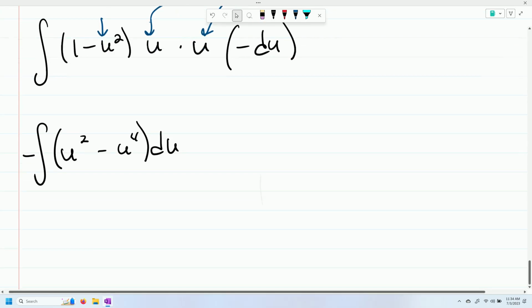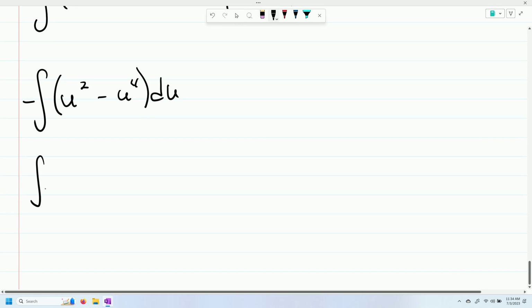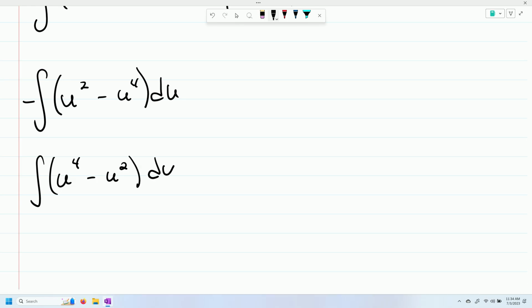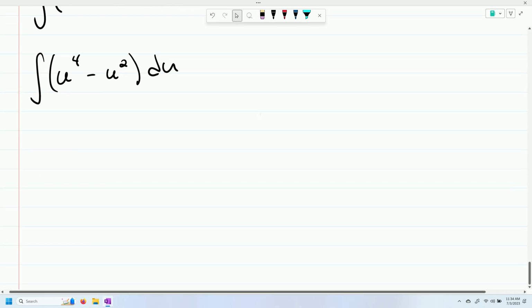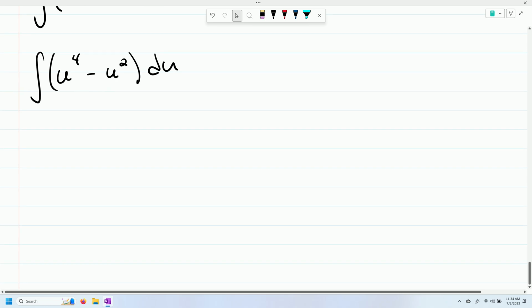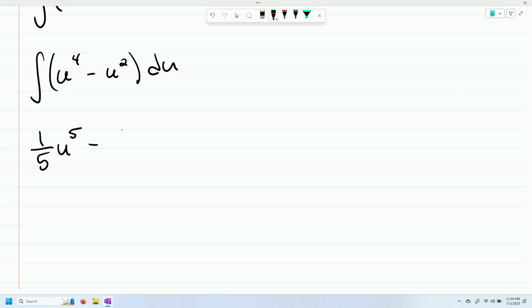All right? So I guess if we wanted to, we could just say u to the fourth minus u to the second du by distributing that negative sign. I think that's going to be easier. Finally, integrate: 1/5 u to the 5th minus 1/3 u to the 3rd plus a constant.